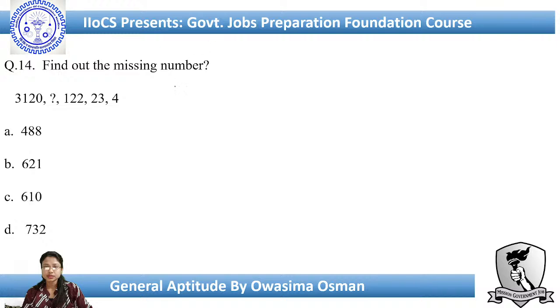Next, find out the missing number. The series is 3120, and you have to find the next number, then 122, 23 and 4. So I am writing it here.